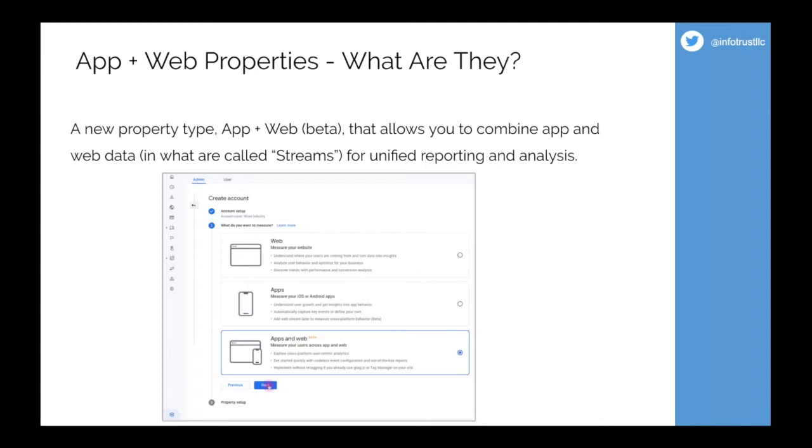So you can have a data stream for your iOS app, you can have a data stream for your Android app, you can have a data stream for your website. All of those streams of data essentially push data into that new app plus web property that you created, and then using that same data model, you can effectively compare and contrast those different data streams. So now you're comparing those different platforms together, but within that same data model.